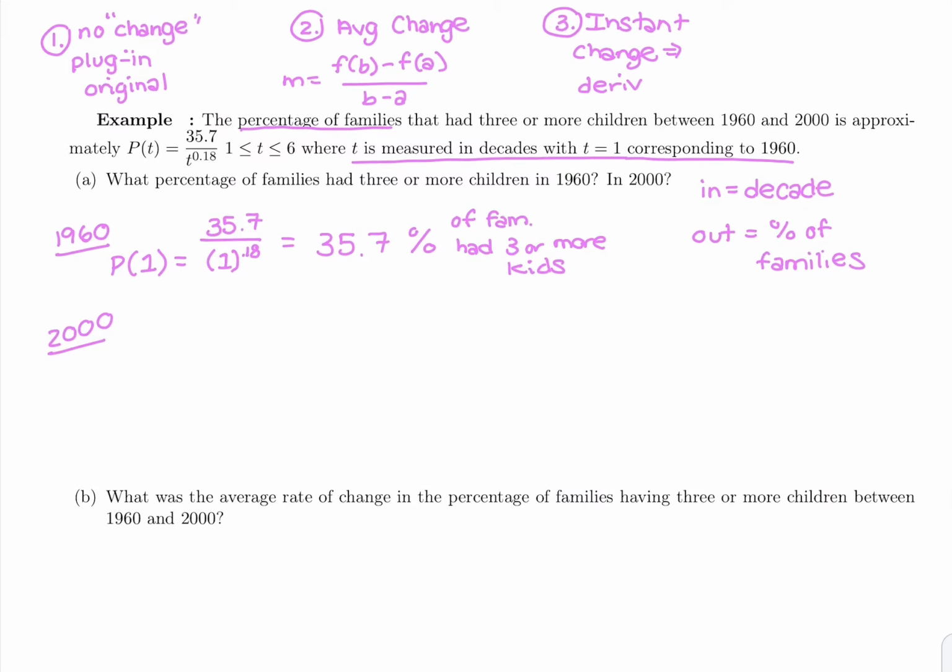If we compare that to what was happening in 2000, we need to figure out what T value we plug in for 2000. They tell us T equals 1 is 1960. So what T value is 2000? Be careful on this. It's decades, not years, so we're going to count by tens. I'm going to put 1 finger up because T equals 1 is 1960.